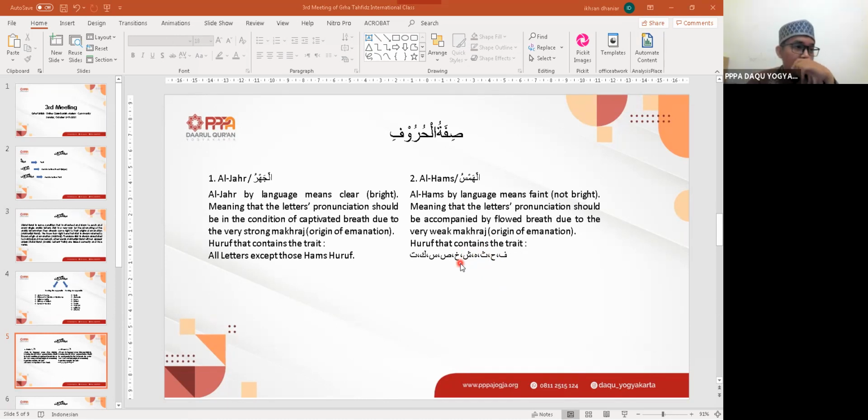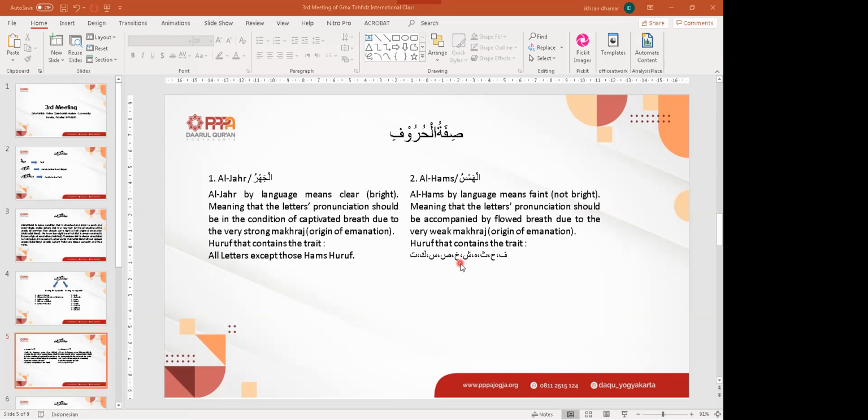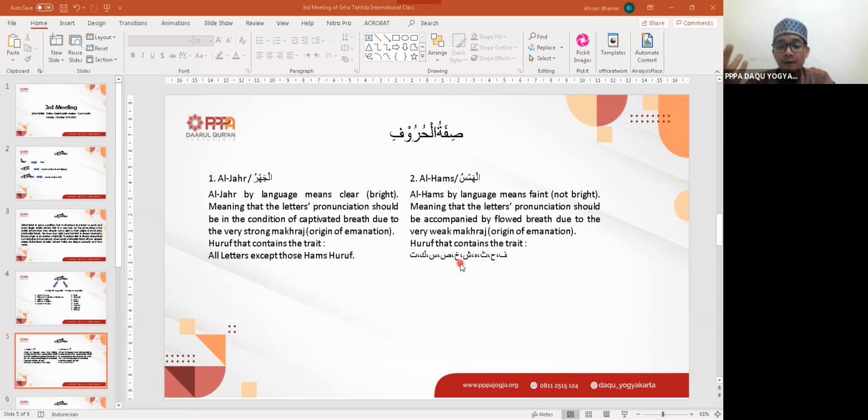Kha is maybe like when you cough. When you have a cough and there's this thing in your throat and you try to get it out, you make a sound like that. You get it?